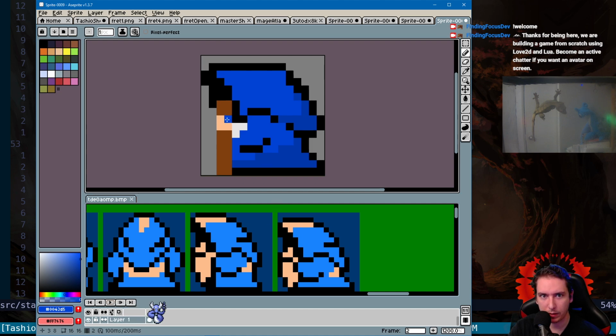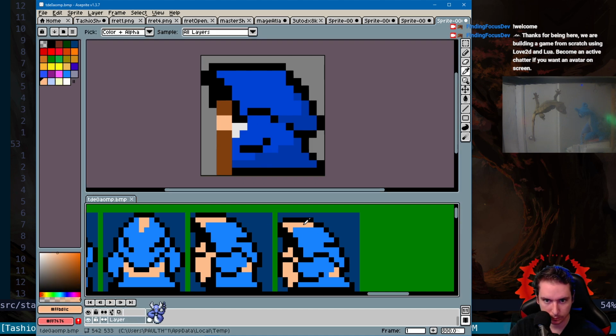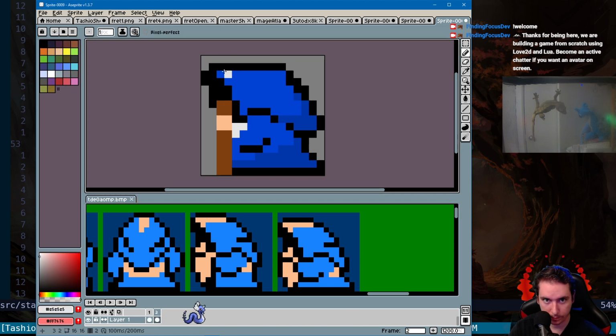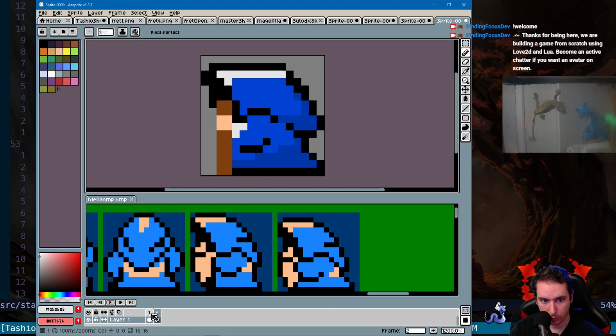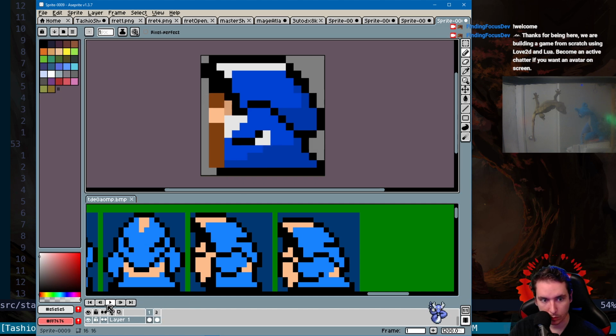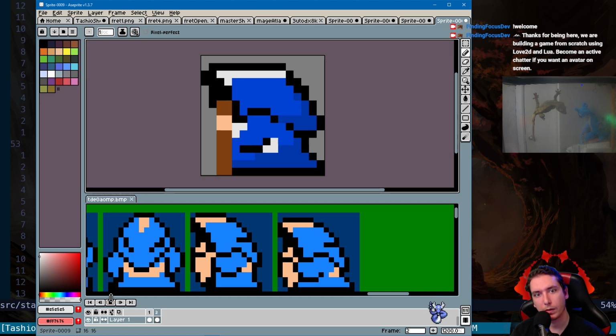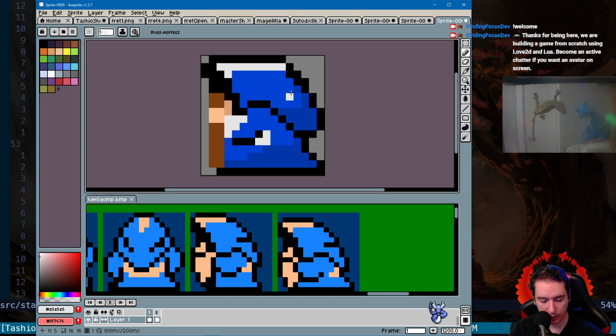Let's mess around with this highlight. I think I want it just white. Okay, I think I want to go like a lighter blue.